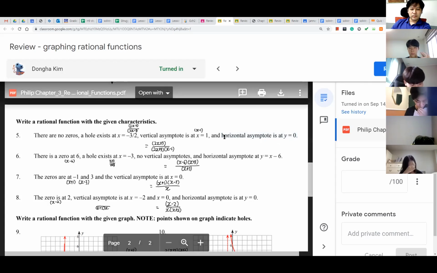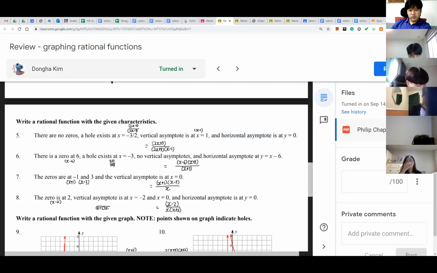Come on, Jacob. The denominator is bigger than the numerator. What of the denominator? Degree of the denominator. Perfect. So if you look at Philip's answer, 2x plus 3 over 2x plus 3 times x minus 1, the degree of the denominator is bigger than the degree of the numerator.